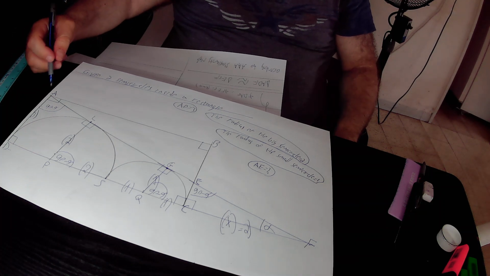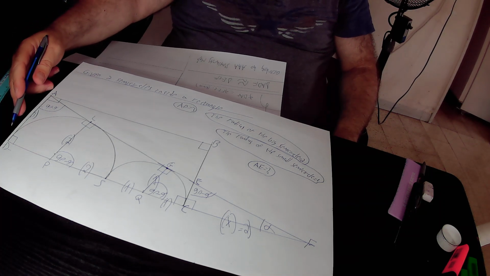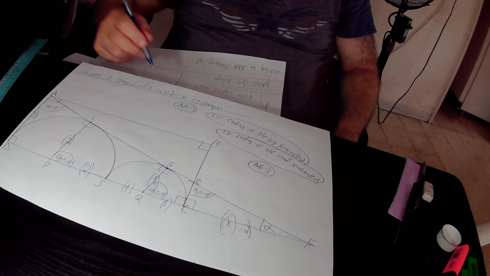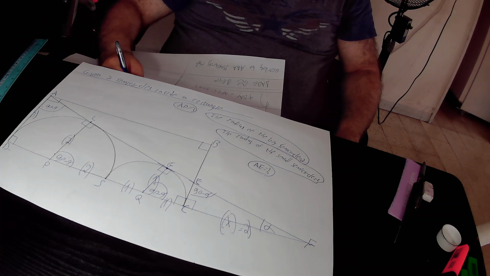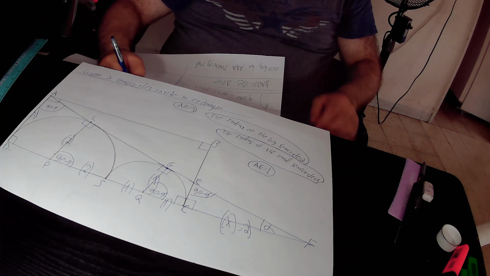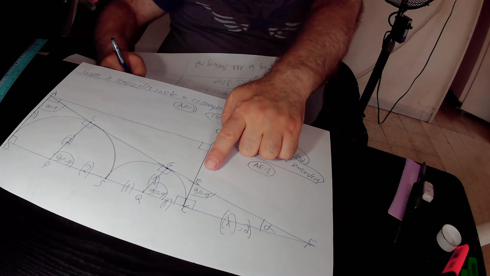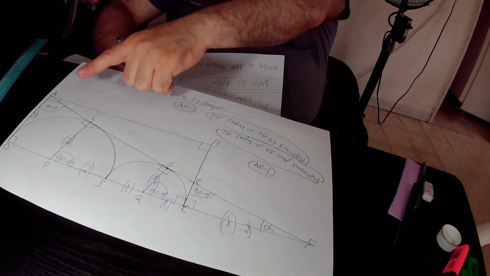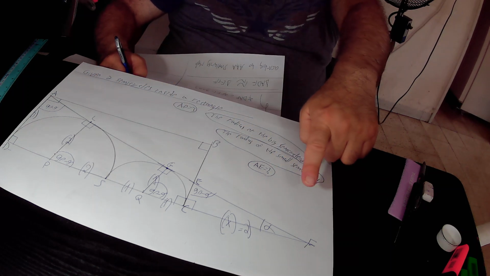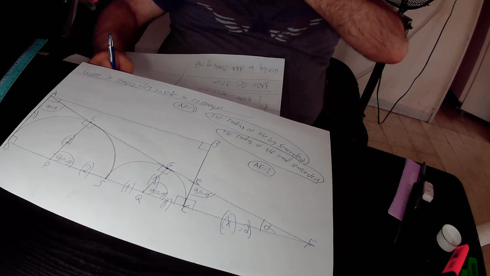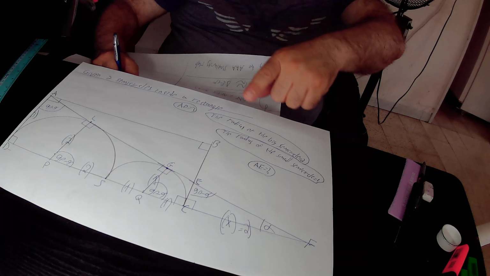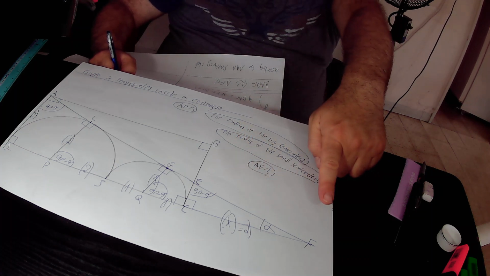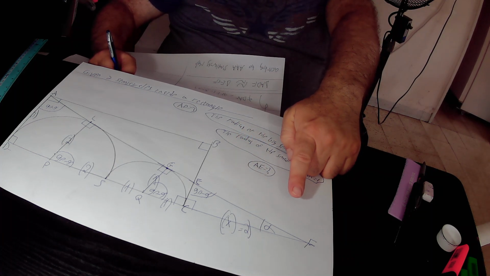Side AD in the biggest right triangle ADF over side EC in the small right triangle ECF equals DF in the biggest right triangle ADF over CF in the small right triangle ECF.